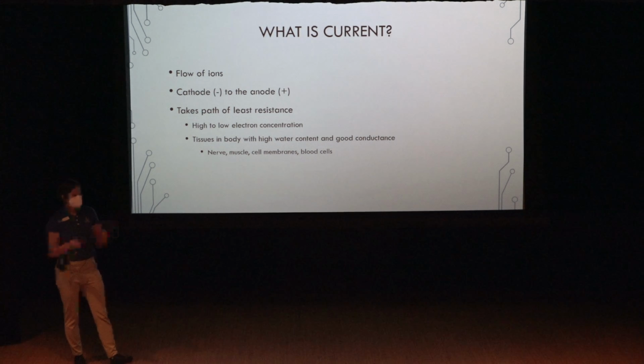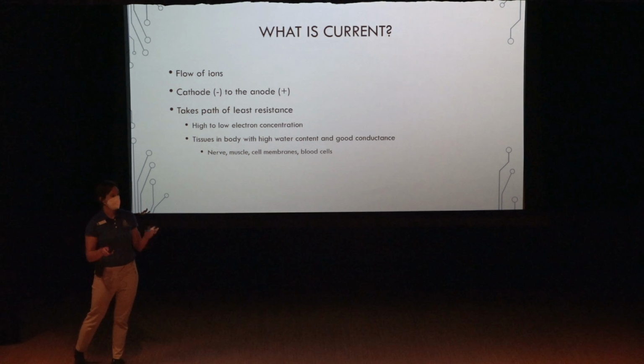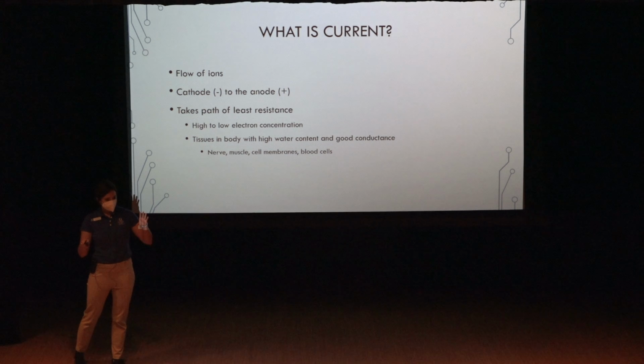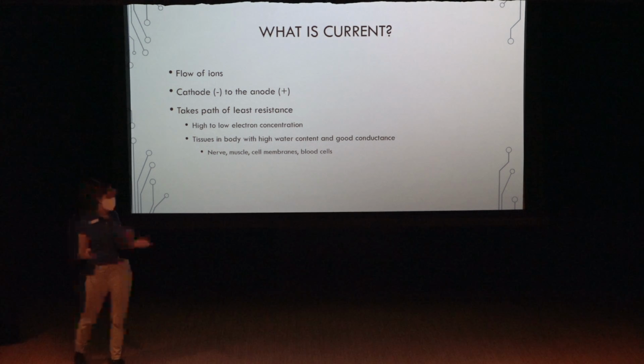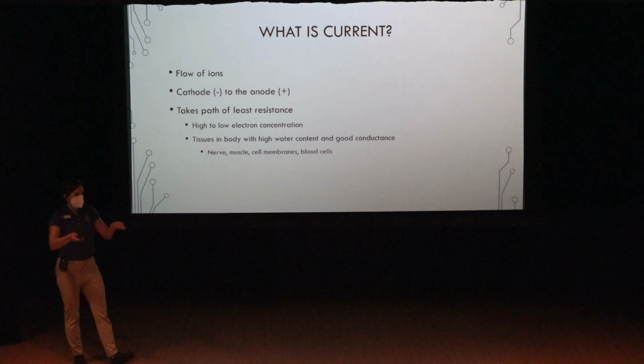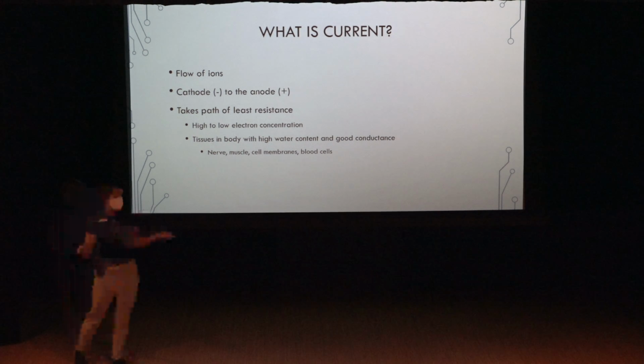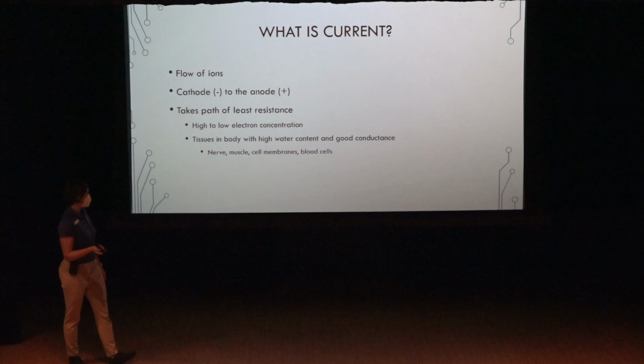So like if you have a typical battery, you're going to have that cathode, which is going to have a high concentration of electrons, and they're going to flow to the area where there's a low concentration of electrons, which is that anode. And that will go on forever because a battery is a form of direct current until those two sides are even. And at that point, you have a dead battery. There's no more electricity. The force is gone, basically.